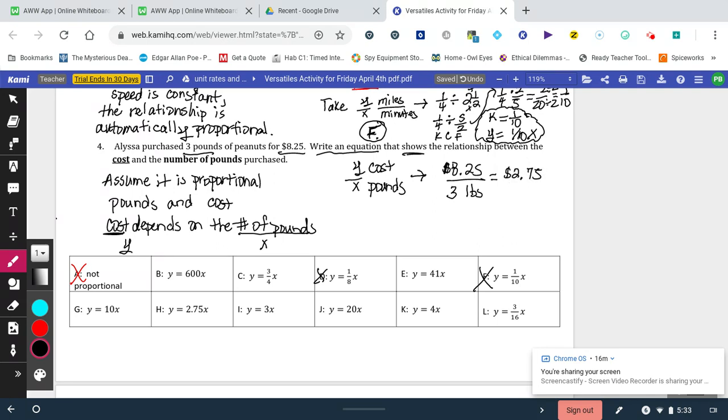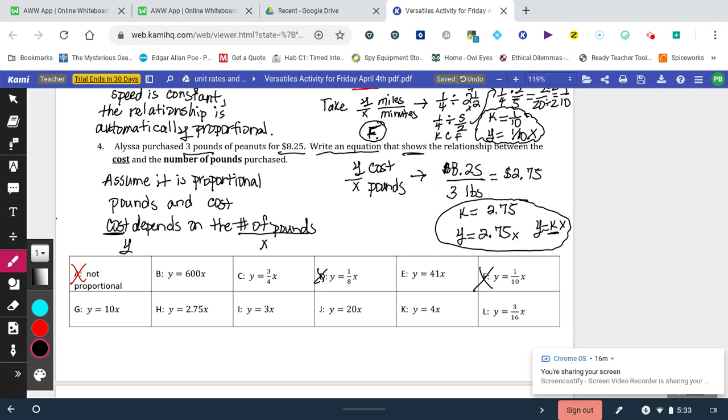So K is equal to 2.75. And the equation is Y equals 2.75X. Because remember, the equation is in the form Y equals KX. You're just going to replace K with whatever that value is.